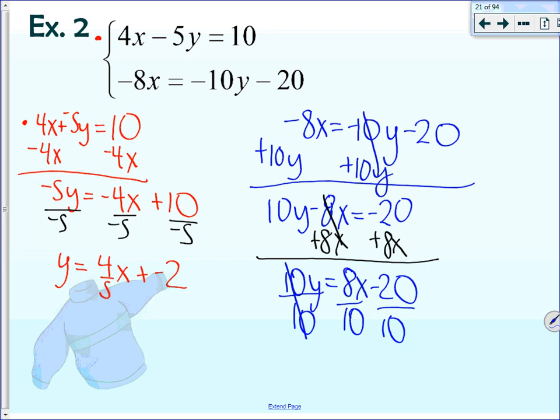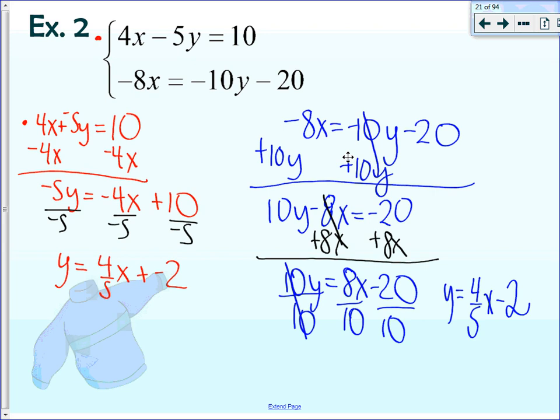What do you got? You get y equals 4 over 5x minus 2. So it's the same order? No, because I didn't. Minus 2, minus 2. What does that mean? It's on top of each other.